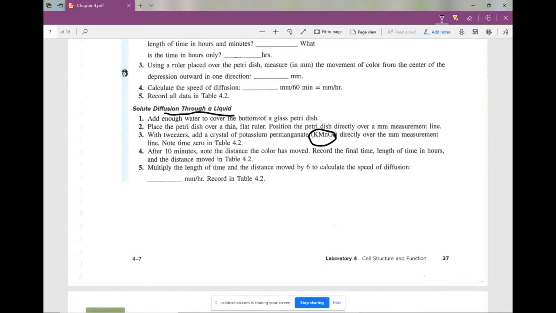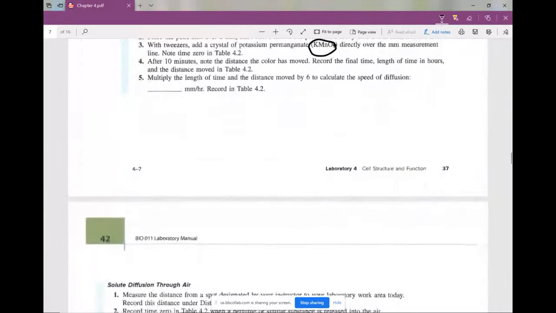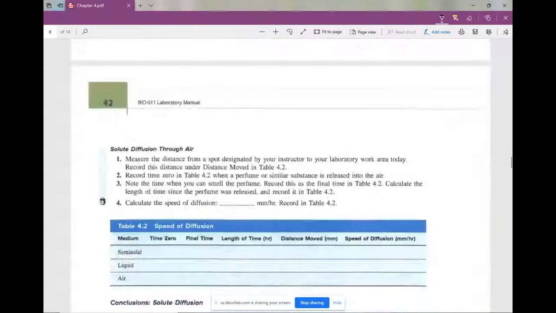So you would see that movement through a liquid is much faster. Diffusion through a liquid is much, much faster than it is through a semi-solid. Right? Diffusion through a solid is almost impossible, which is why we don't bond or diffuse into our tables and our chairs and our floors. Right? Things stay separate.